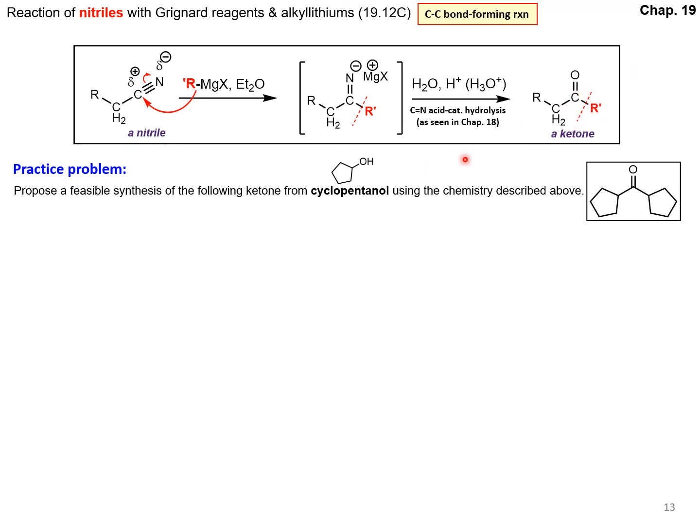Using this chemistry, let's try to synthesize dicyclopentyl ketone from cyclopentanol. We know that the bond that's being constructed using this method is the bond between the carbonyl and one of the R groups.